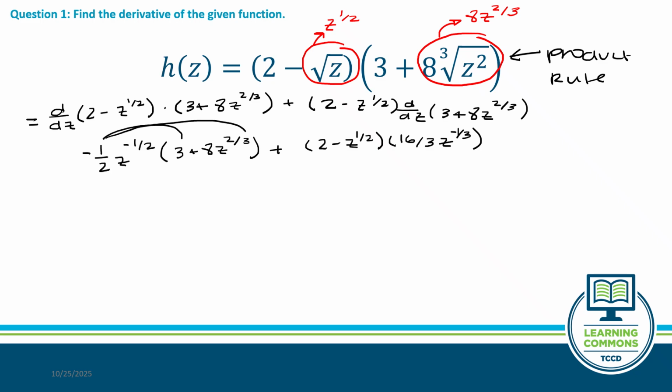So if I go ahead and distribute both, that is going to be -3/2 z to the -1/2 minus 4 z to the 1/6 plus 32/3 z to the -1/3 minus 16/3 z to the 1/6.